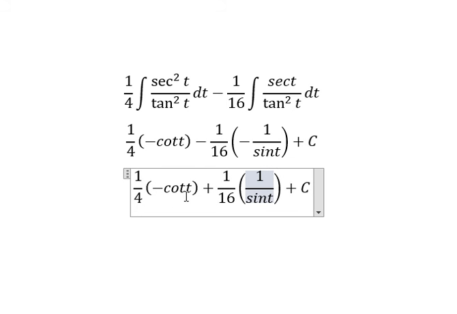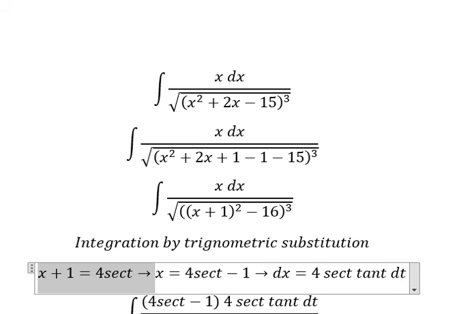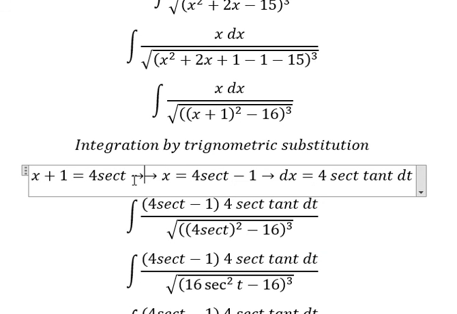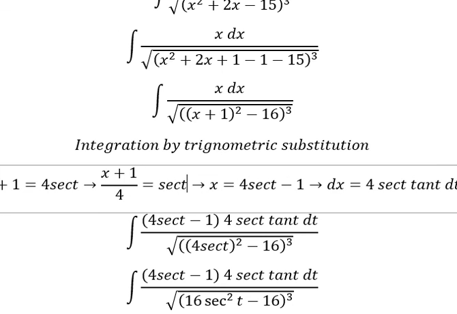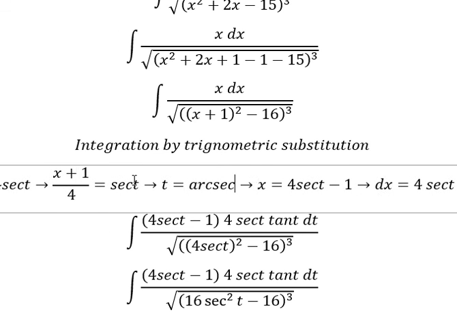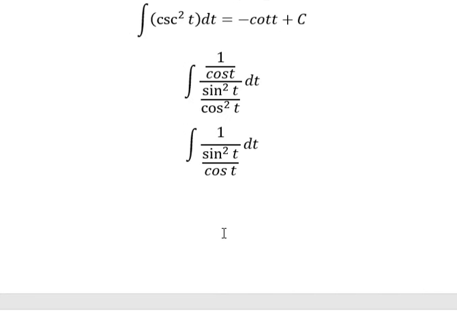And now about t, we need to go back in here. So we divide both sides by number 4. And we put t equal to arcsecant of this one. So I will put this one to replace t.